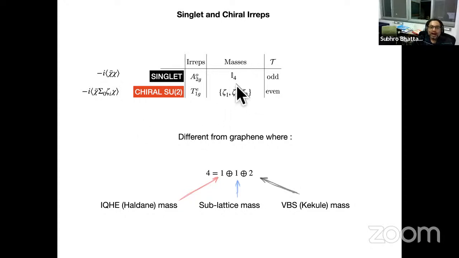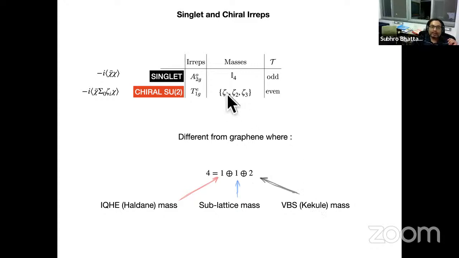But if I look at how these masses transform under the microscopic symmetries, in case of graphene, these four masses were the irreducible representation, the symmetric group has only doublet representations for these kind of masses. And so the four masses break up into 1 + 1 + 2. And this one is the Haldane mass. This singlet is the sublattice mass, which is like the plus-minus order. And then there is the Kekule mass, benzene-like mass.